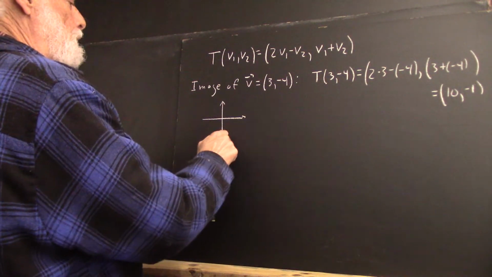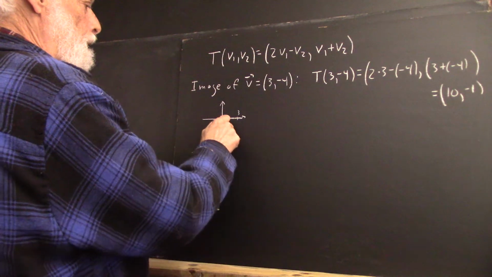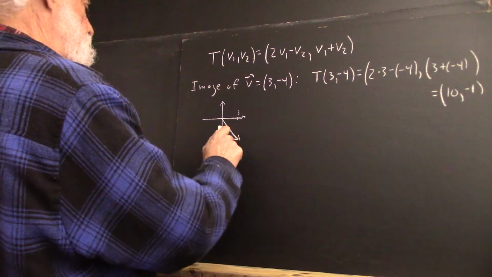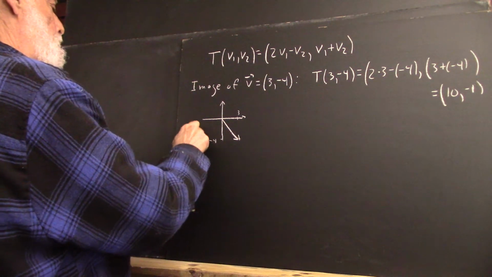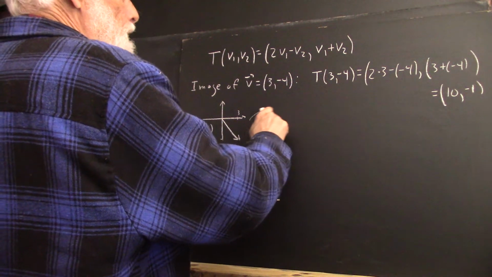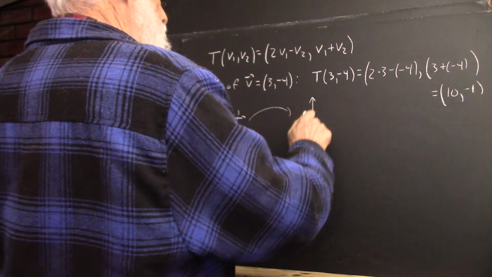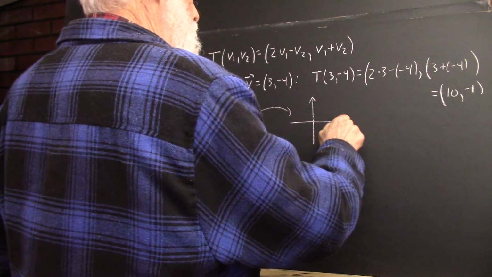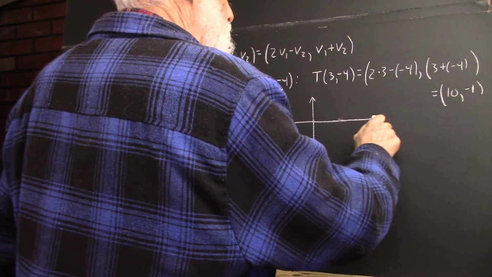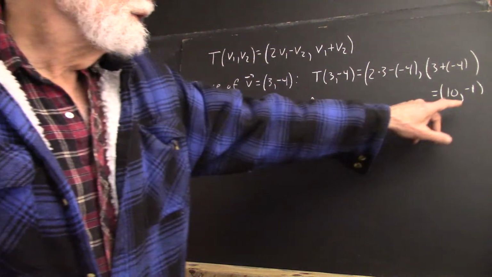I'm going to write that kind of small, but if we have 3 here, negative 4 here, here's our V. And then we can visualize this as a transformation that takes this vector, and let's use a reasonably consistent scale, to the vector 10, negative 1.